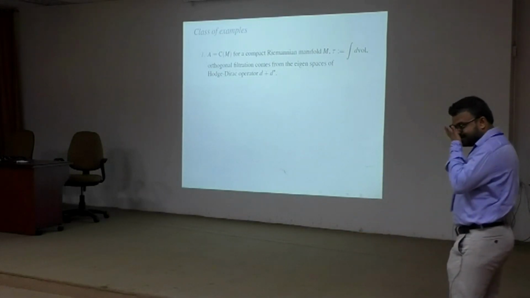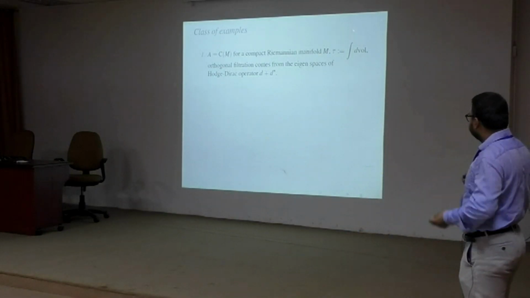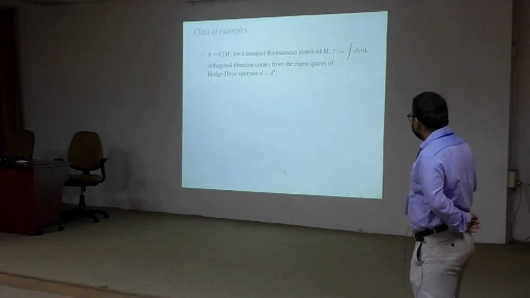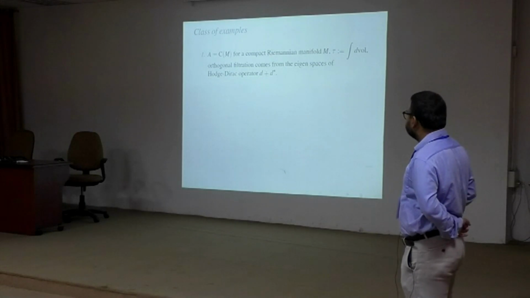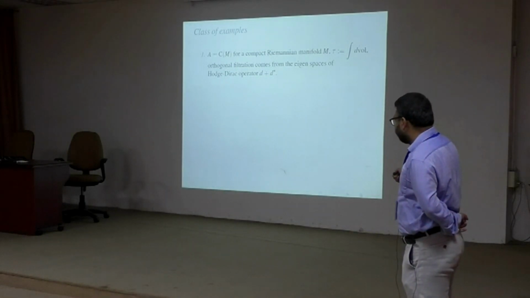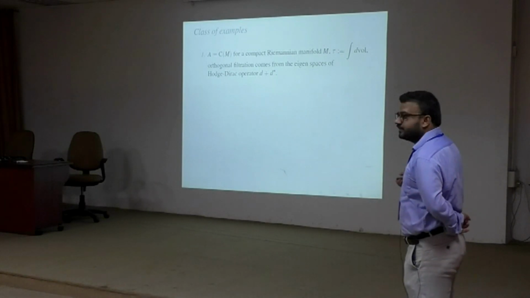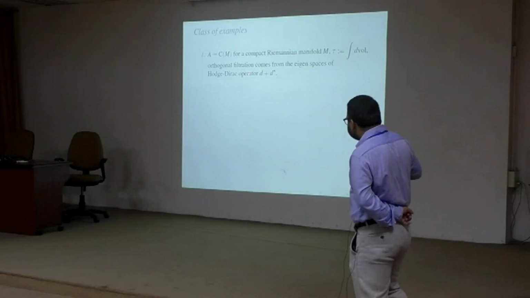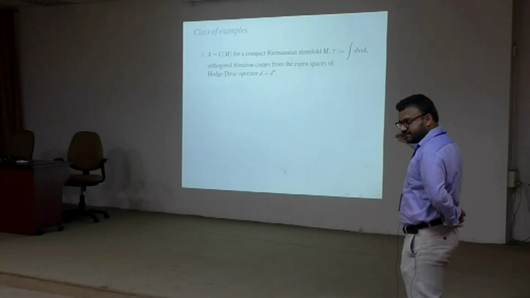First one is, take a compact Riemannian manifold where tau is the integration with respect to the volume, and the orthogonal filtration comes from the eigenspaces. Now the quantum isometry group, or the isometry group, of C of M will have a maximal torus. Therefore, we satisfy the hypothesis.